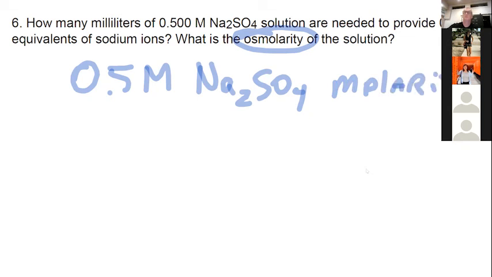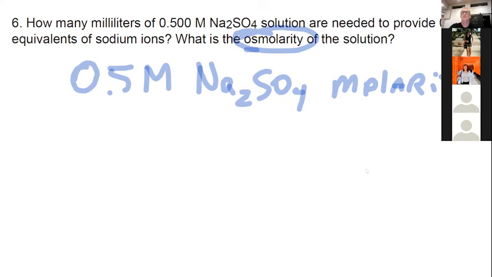What's the difference between molarity and osmolarity? It's the total amount of solute per liter. Not quite. You're really, really close. Doesn't the osmolarity have to do with whether or not it can pass by a cell membrane?